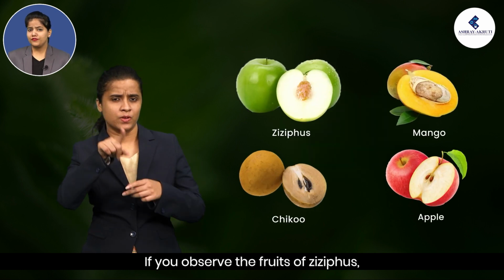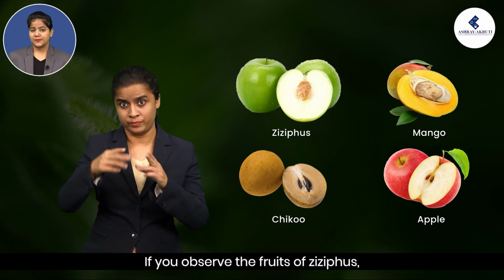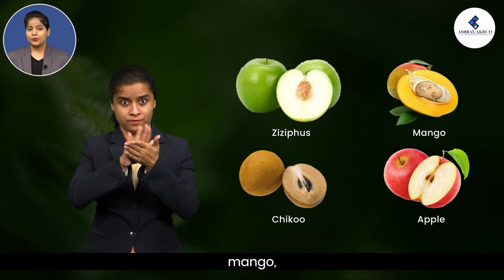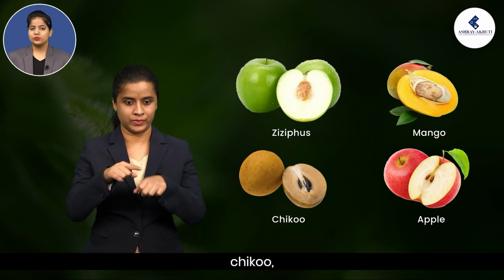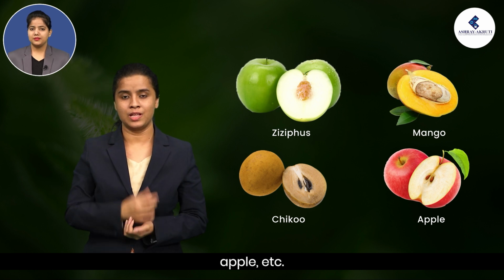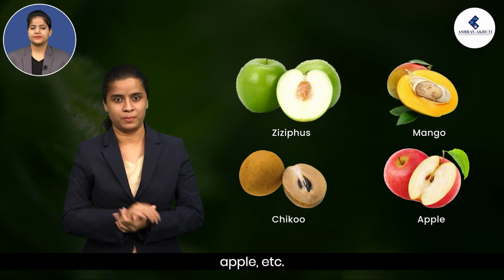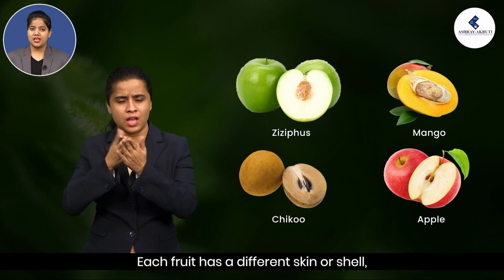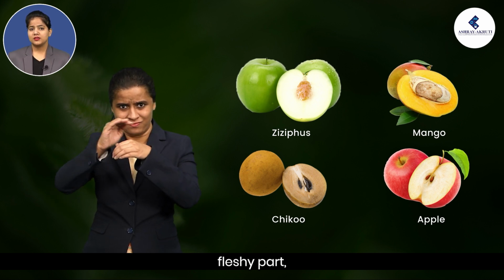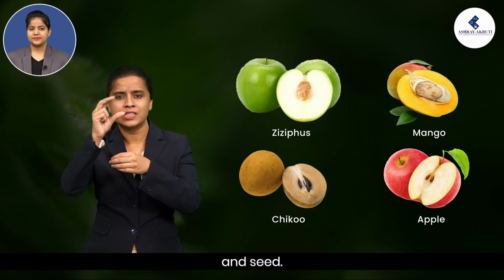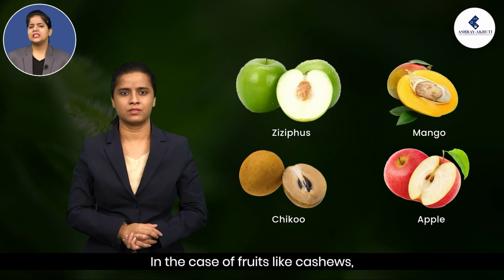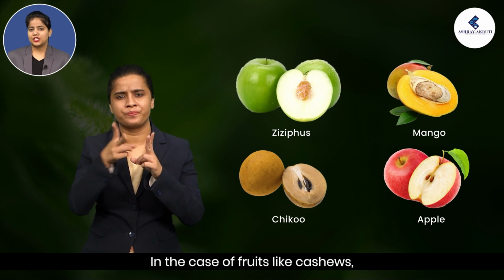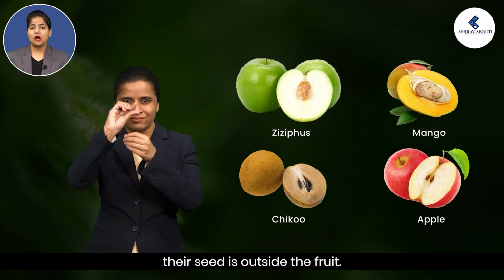If you observe the fruits of ziziphus, mango, chiku, apple, etc., each fruit has a different skin or shell, fleshy part and seed. In the case of fruits like cashews, the seed is outside the fruit.